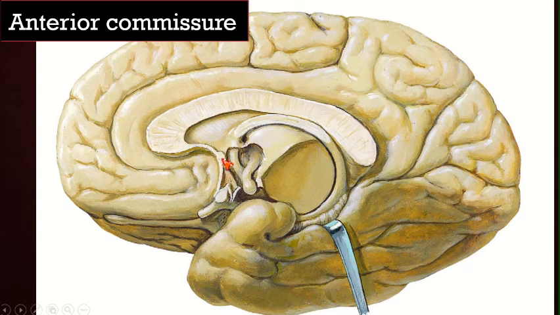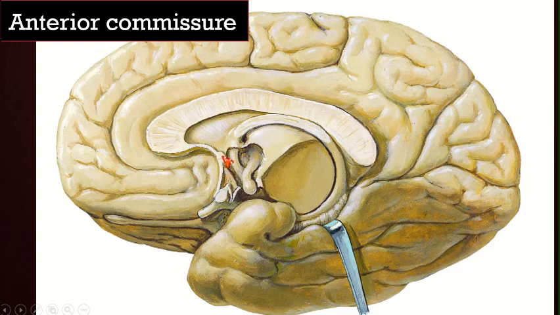The anterior commissure consists of two components: a large posterior part and a narrow anterior part. The large posterior part is called the posterior neocortical component, which interconnects the lower and anterior parts of the temporal lobe. So right and left temporal lobes are connected by the posterior part of the anterior commissure.